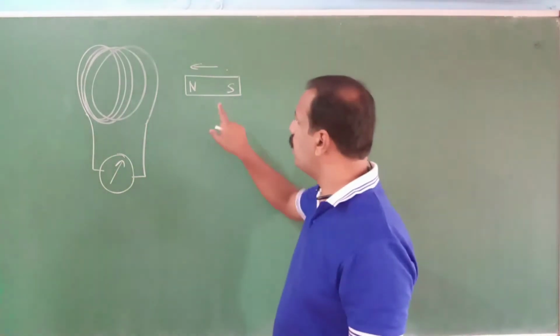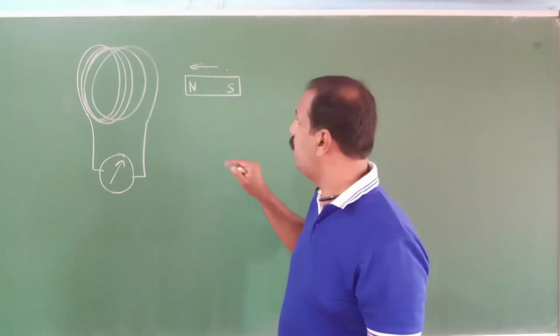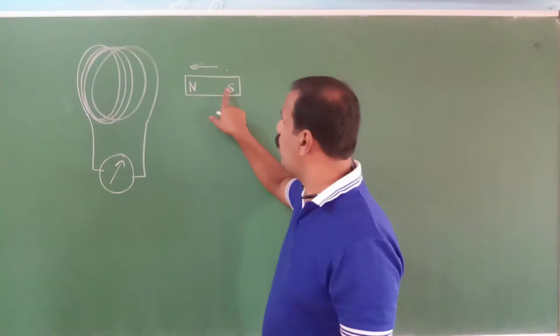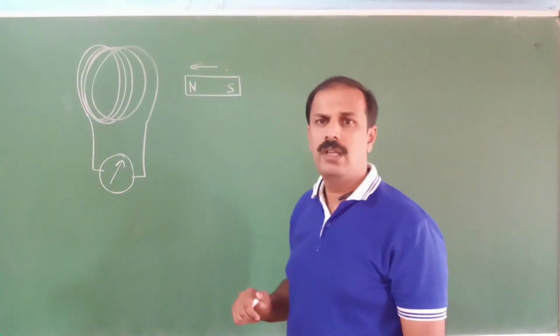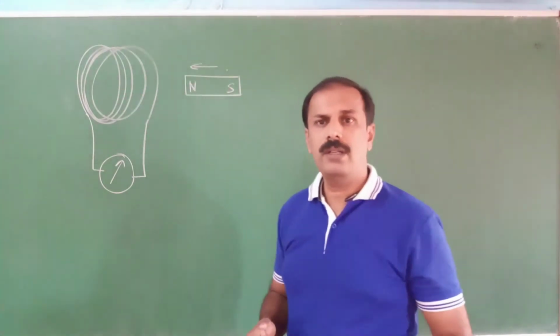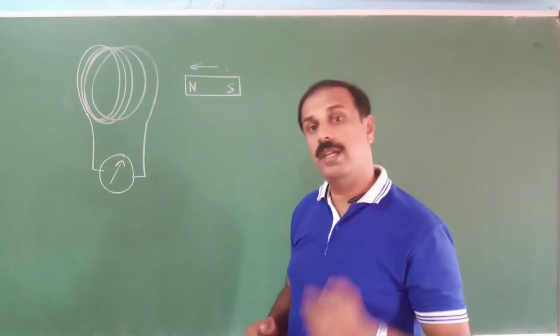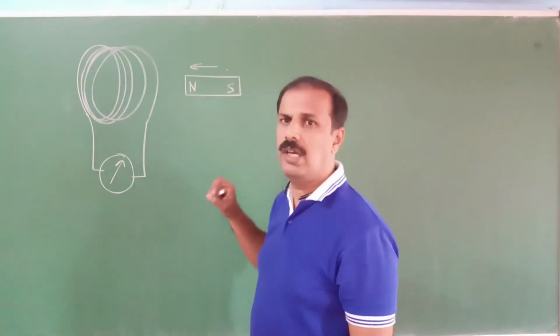Now the second part of the experiment is the same experiment they conducted by interchanging the north and south. Instead of pushing north towards the coil, they push the south towards the coil. What will happen?